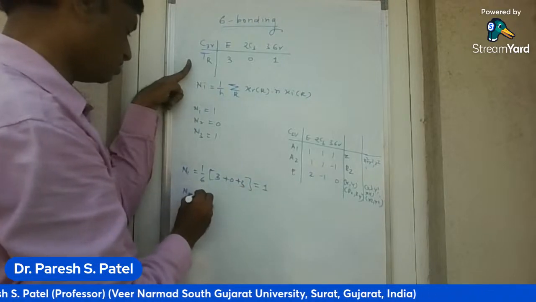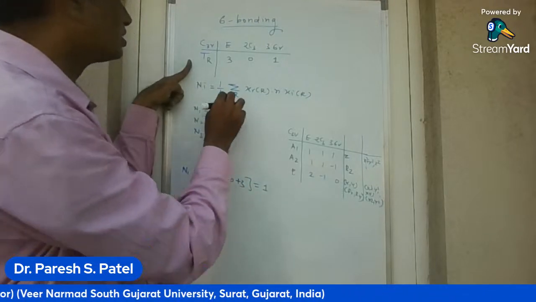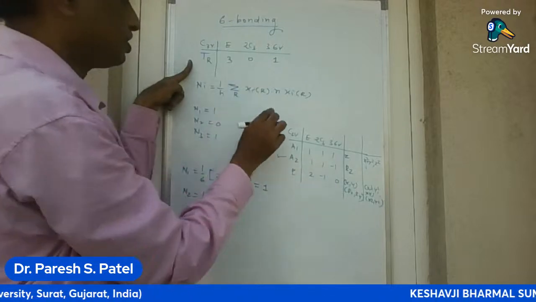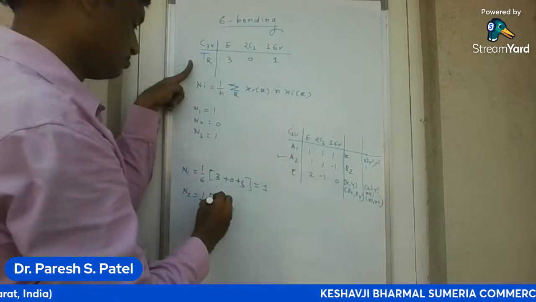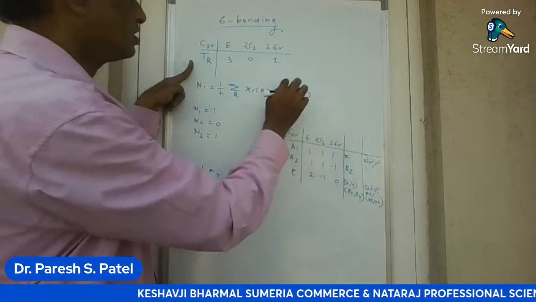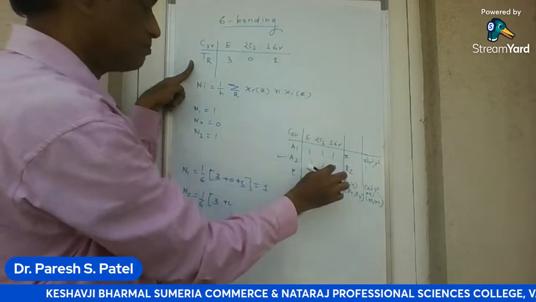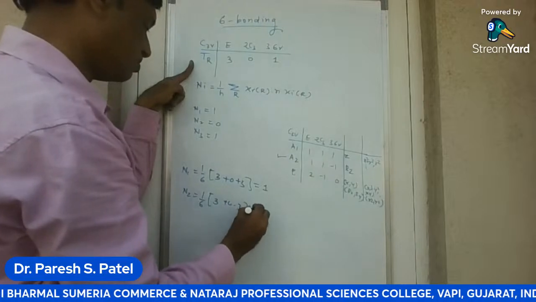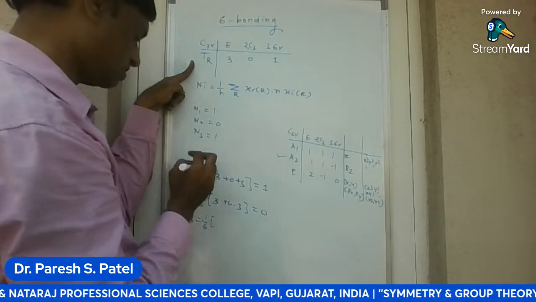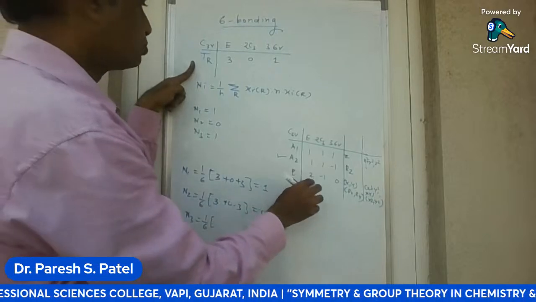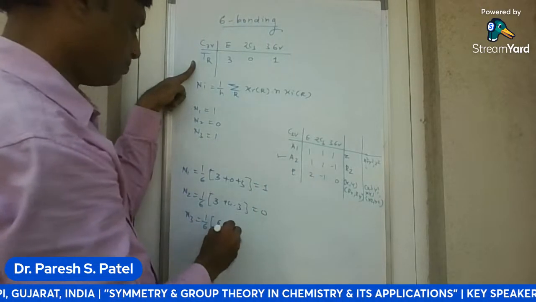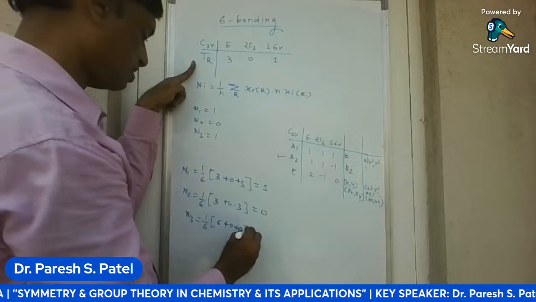n2 corresponds to A2: n2 = 1/6 [3×1×1 + 0×1×2 - 1×1×3]. It means 3 minus 3 is equal to 0. And n3 = 1/6 [2×3×1 + 0 + 0] = 1.